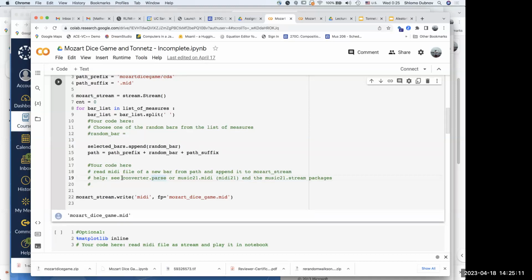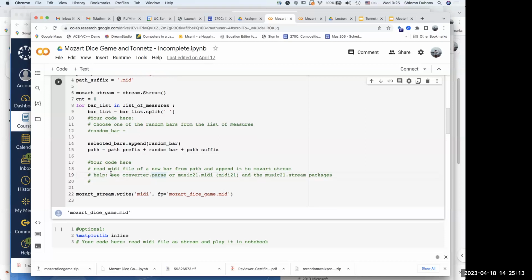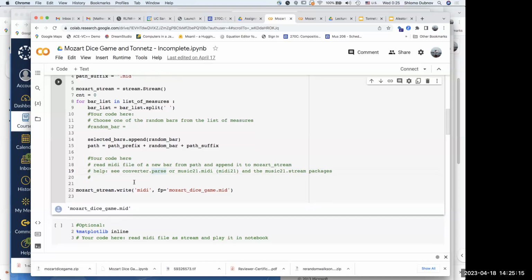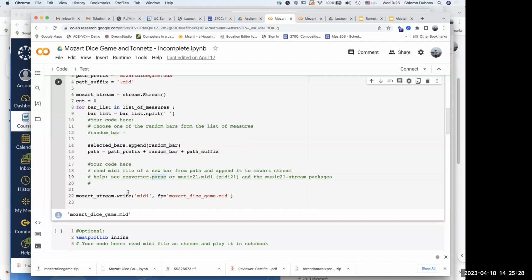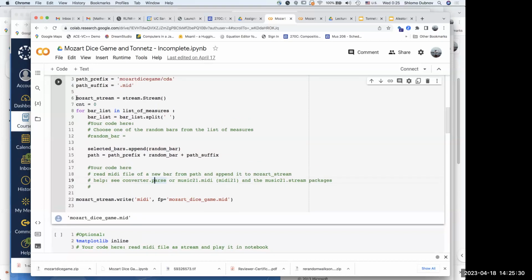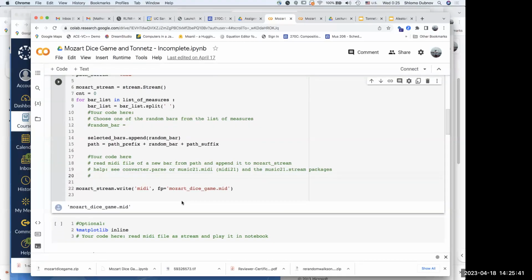It actually doesn't have to be used anywhere else in the homework, but this code here opens a MIDI file as a stream and concatenates the next measure each time to the final stream, and then you write that Mozart stream. Okay, so we initialize the stream here, and here you will open and append it, and eventually you write the Mozart stream into a file, Mozart dice game.